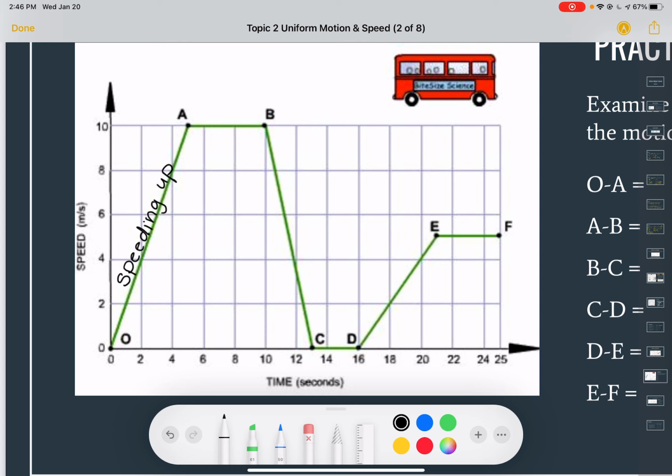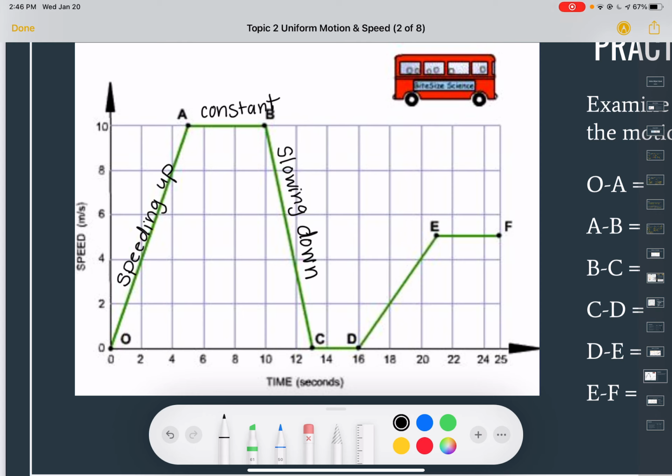A to B would definitely be a constant, because remember, flat lines are constant. From B to C, we haven't seen this one yet, but to go from B to C, this means you're slowing down. Because your speed over time is going down. You have less speed, so that's a slowing down.